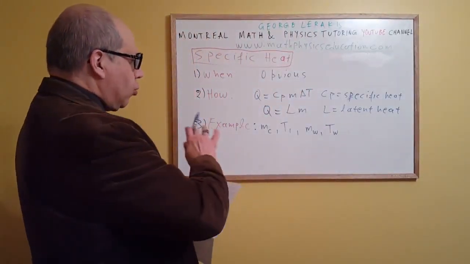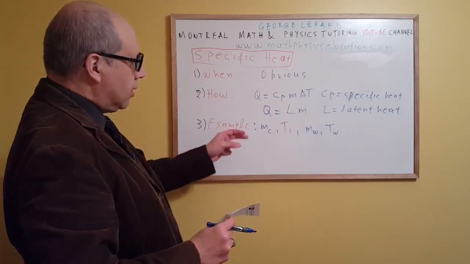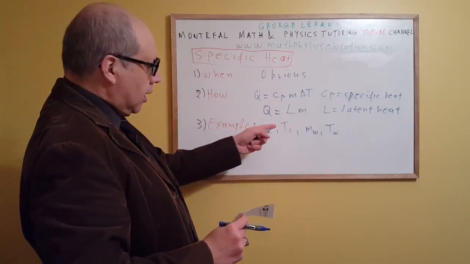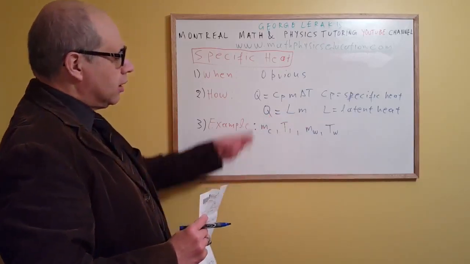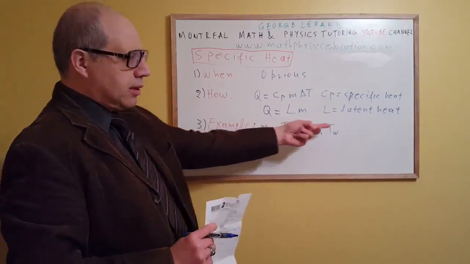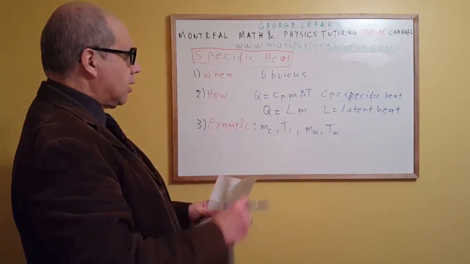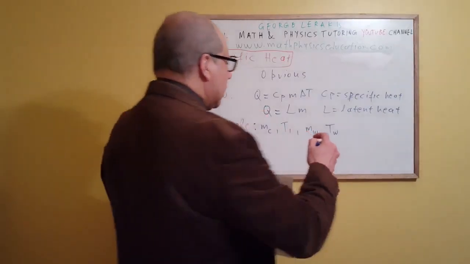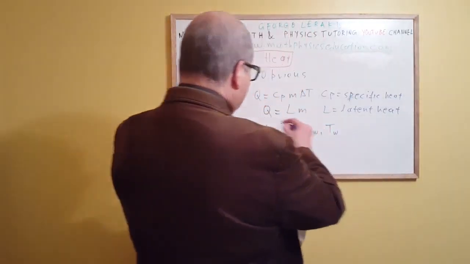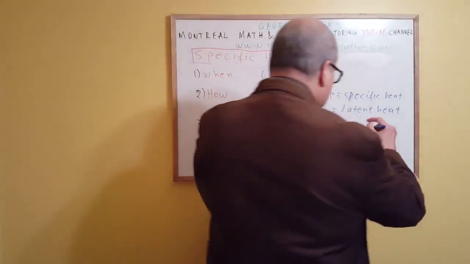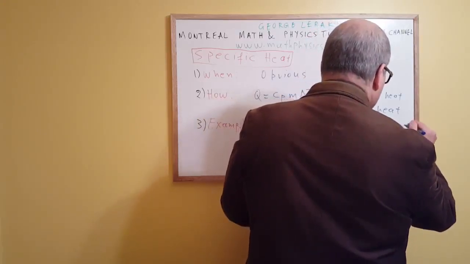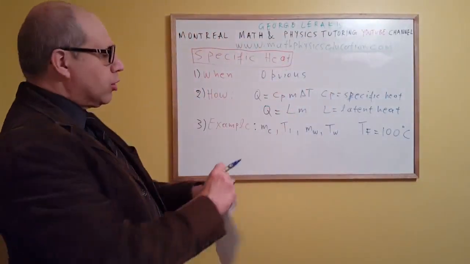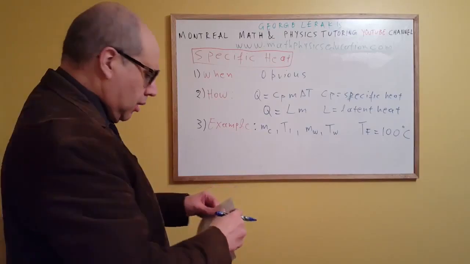We leave the piece of copper inside the water, and of course T1 here is much greater than the temperature of the water. We leave it until the final temperature of both the water and the copper, T final, is equal to 100 degrees Celsius, and the whole system comes to equilibrium.